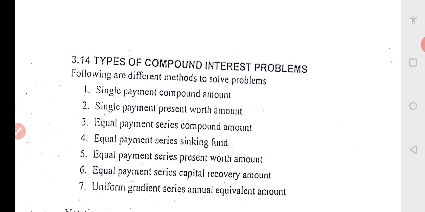This is the equal payment series capital recovery amount. I paid 28,000 rupees now, so I have to recover that amount in the next 6 years. What will I get annually? That is why, instead of giving precise details like 8,000 rupees, 6 years, 18% interest and 28,000 rupees present worth, they say the objective is to find the annual equivalent amount A, which is to be recovered at the end of every interest period.